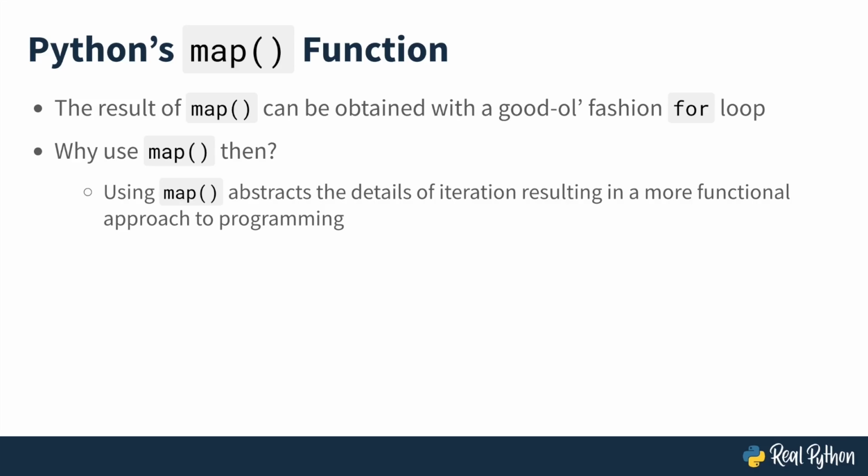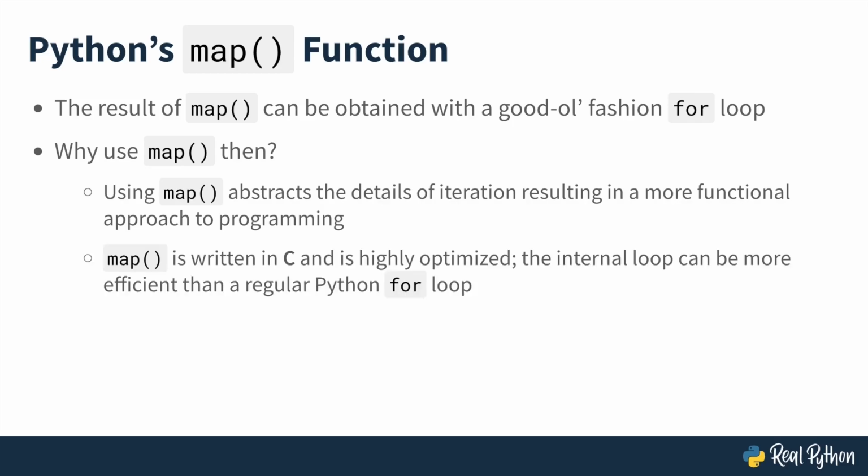Now, I think for you to fully understand this statement, you just have to start using map. Now, I'm not completely advocating that you abandon for loops and list comprehensions, but you'll see that every now and then, your main problem is just to simply map a function to an iterable, and just simply writing that using the map function feels a lot more natural than just having to write out the details of an iteration.